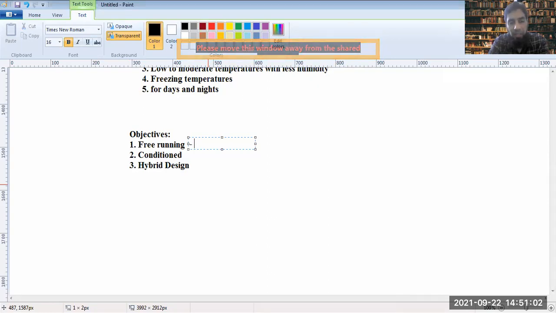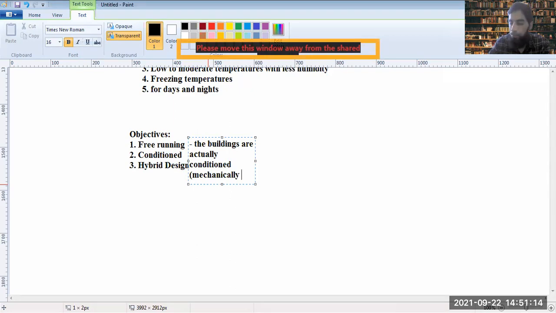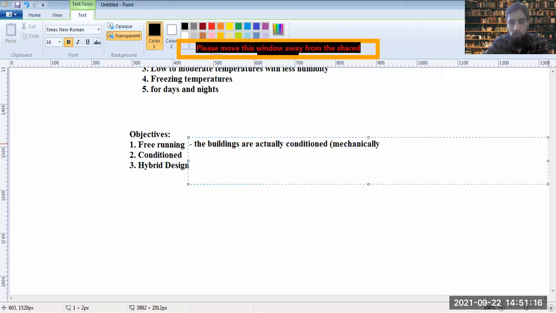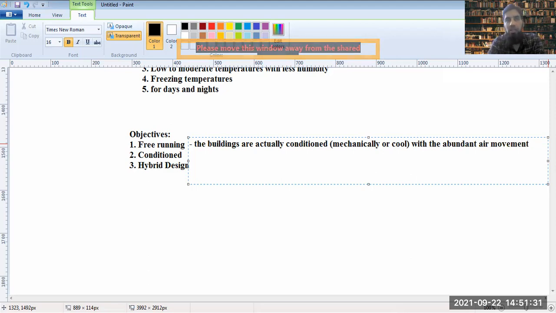So in a free running, the buildings are actually conditioned both. We can condition them mechanically, or we can cool them with the abundant air movement, and that process can continue for hours.